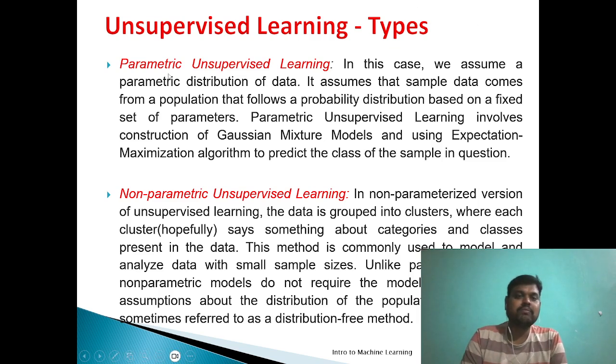So you can make use of parametric unsupervised learning models like a Gaussian mixture model, expectation maximization algorithm to predict the class of a sample or group the samples. Whereas in non-parametric unsupervised learning, each data point will convey something about the class or objects or clusters, right?